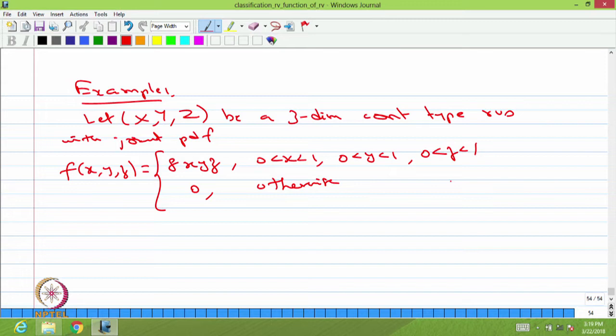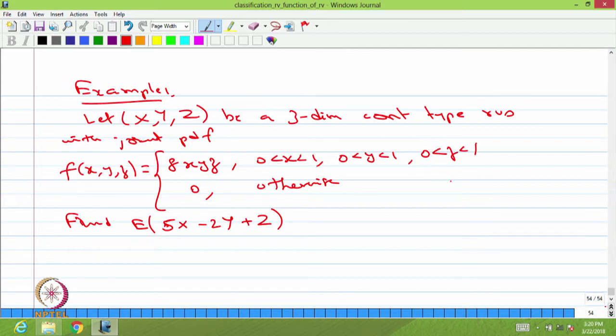Therefore, this is a joint probability density function of the random variables X, Y, Z. The question is, find the expectation of 5X minus 2Y plus Z.